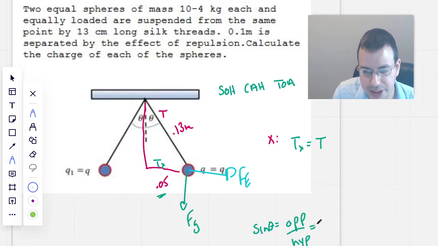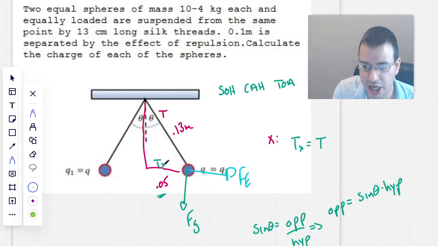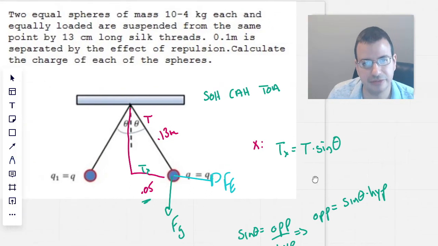We want the opposite, so opposite equals sine of theta times hypotenuse. There we go. So tension x, which is opposite, is the hypotenuse, which is tension, times sine of theta.